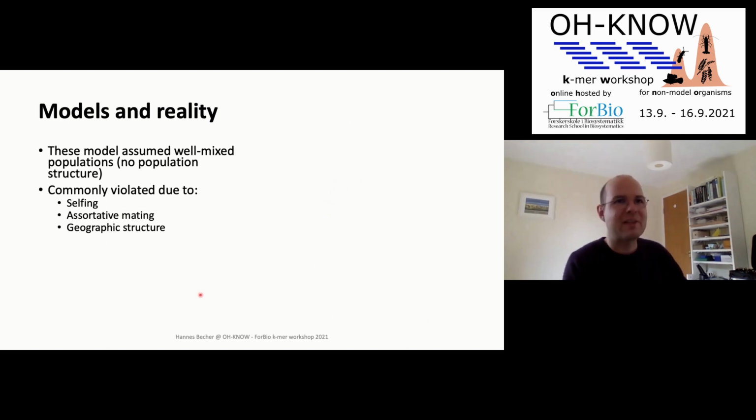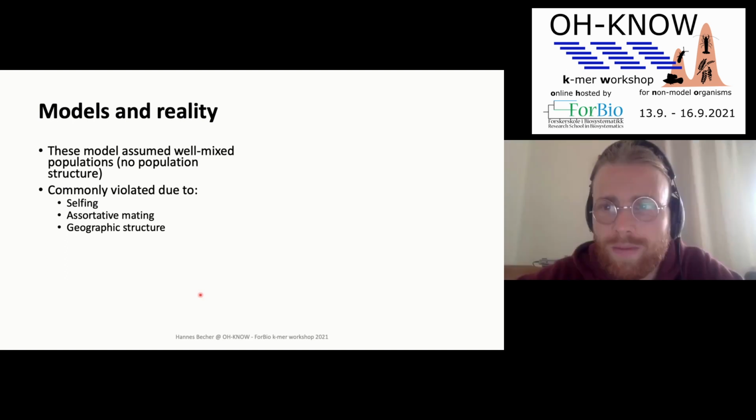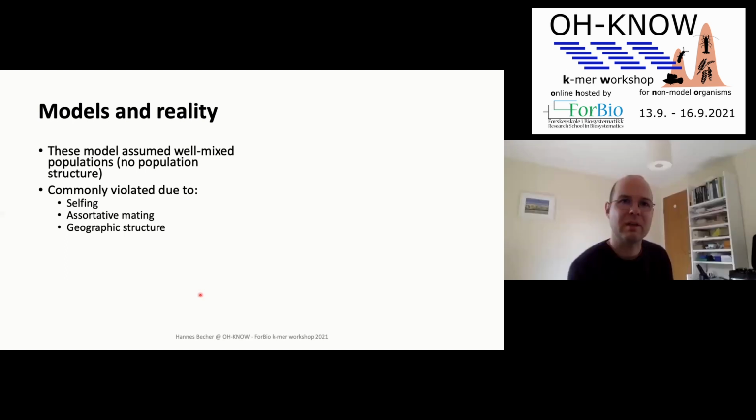So now models and reality. I told you that these models assume that we have panmictic populations where individuals are well mixed. And if you look at the population, all of them are equally likely to mate and produce offspring with one another. And that's not true in nature. In particular, if you work with plants, you'll find a lot of selfing, where one individual is going to self-fertilize and its offspring are going to be of lower heterozygosity, for instance.